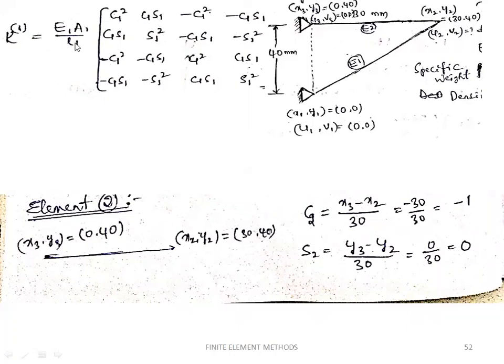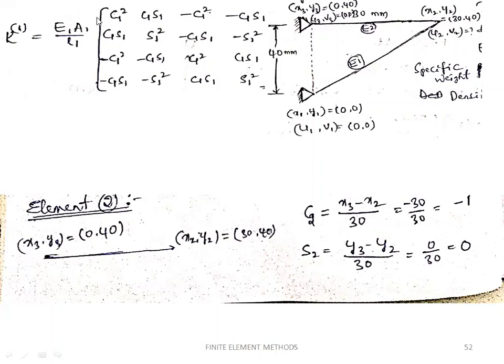So E2 A2 divided by L2 times the matrix of C2 square, C2 S2, minus C2 square, minus C2 S2; C2 S2, S2 square, minus C2 S2, minus S2 square; minus C2 square, minus C2 S2, C2 square, C2 S2; and the last row is minus C2 S2, minus S2 square, C2 S2, and S2 square. This is the 4 by 4 matrix for the second element.